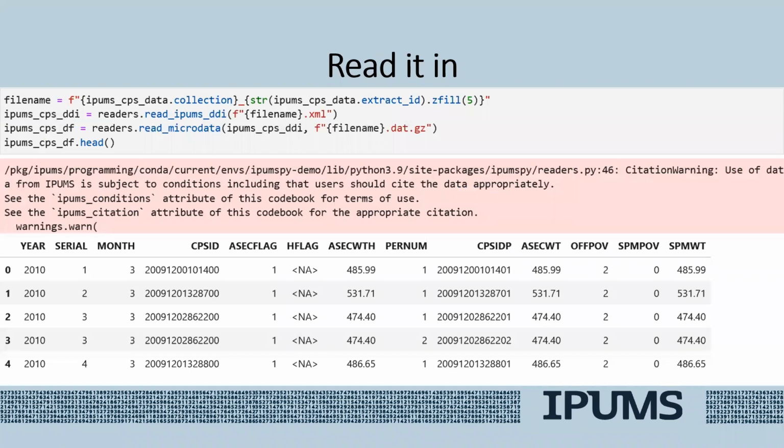And then we read it in. This is the same thing. This is a method for parsing the XML DDI file that comes with all of your IPUMS extracts. And this read microdata method is going to pull the extract data file into pandas using that parsed DDI object.